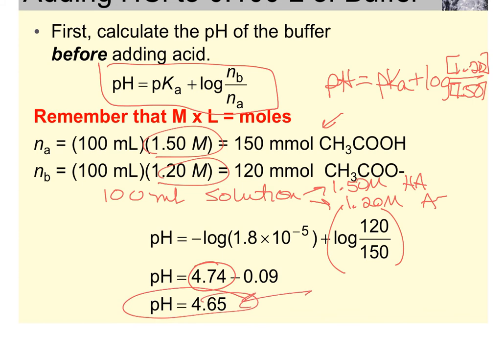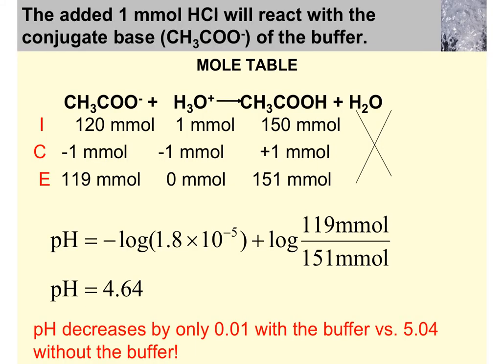Now remember that for the pH of any buffer system, you want it to be as close to pKa as possible. Now you see why. The Henderson-Hasselbalch equation shows how close they are to each other. All right, I mentioned when you contaminate a buffer that you need something called a mole table. I call it a mole table because it's very similar to an ICE table, but it uses moles instead of concentration.